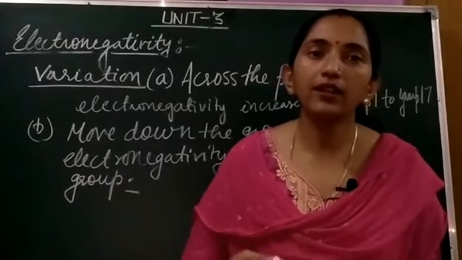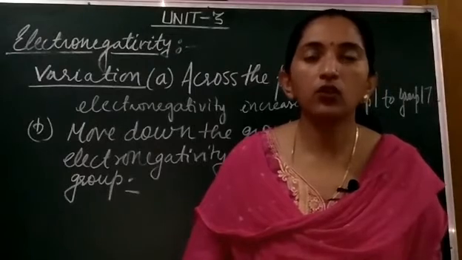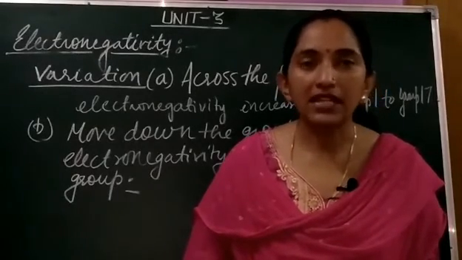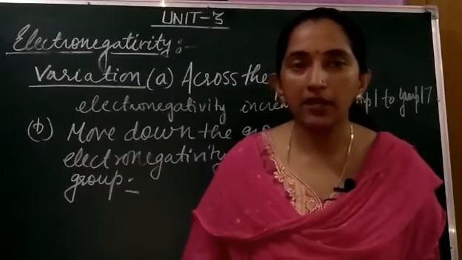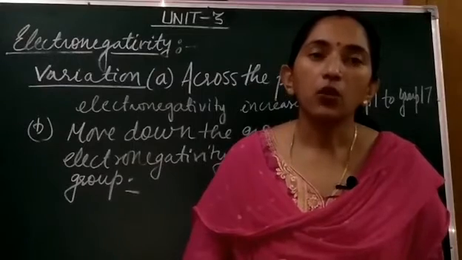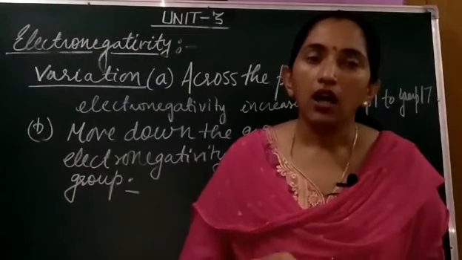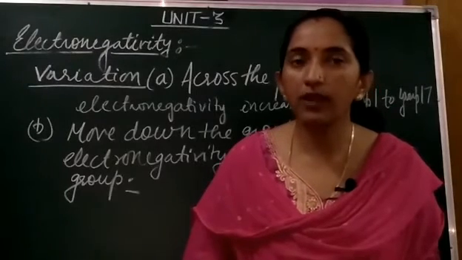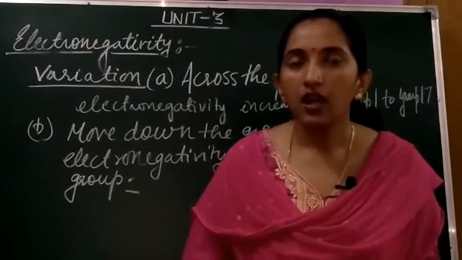So by knowing the electronegativity of the two elements, we can compare their metallic as well as their non-metallic property. The element which has the lower value of electronegativity will show the metallic character to a greater extent, or will act as a metal, right?